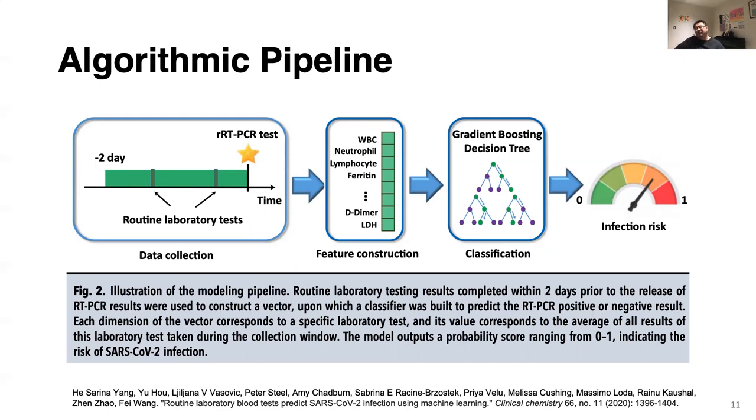So we can calculate the average, the maximum, the minimum, or the median, and our robustness testing suggests that that won't impact the result too much.